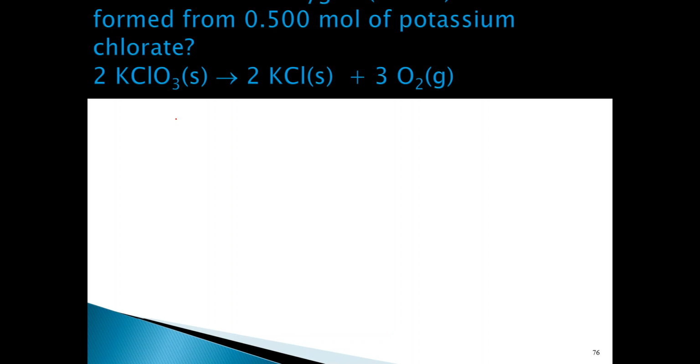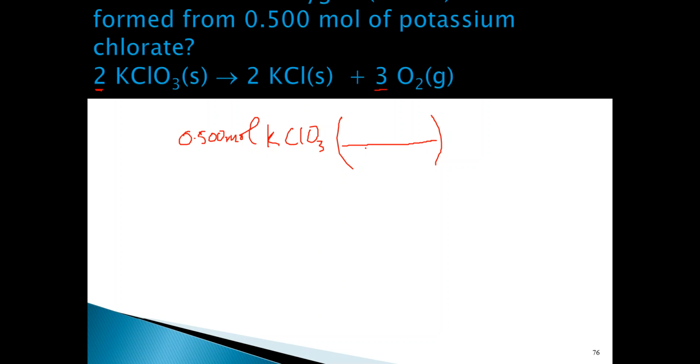The first thing I would do is start off with what we're given numerically. What we're given in this case is 0.500 moles of KClO3. Then I would convert that to moles of oxygen, because that's what you're trying to get the volume of, so you need the moles of oxygen. We can get that based on the fact that there's a 3-to-2 mole ratio between those two.